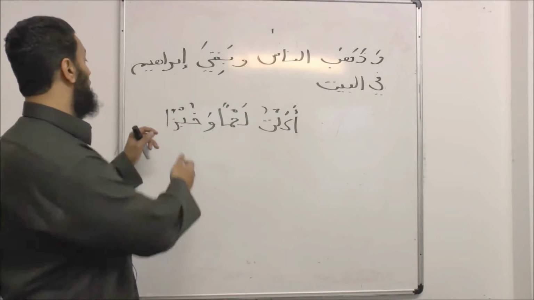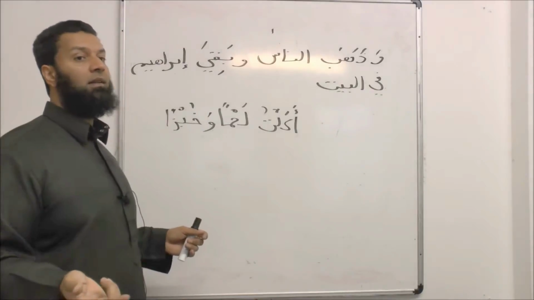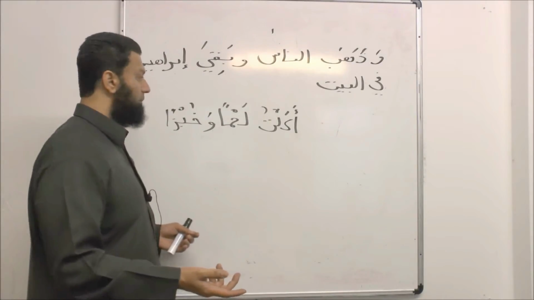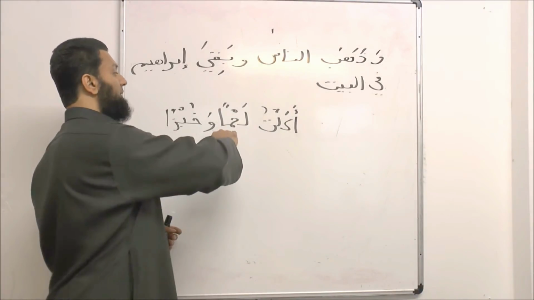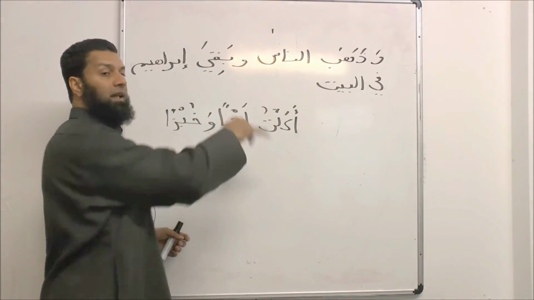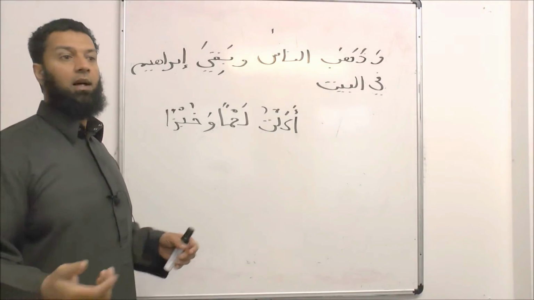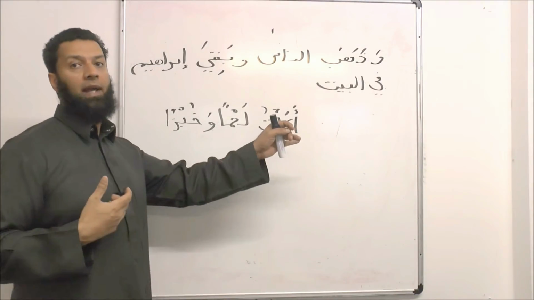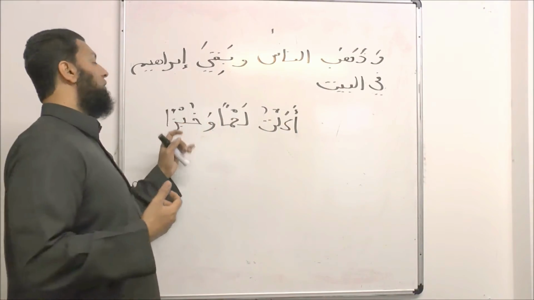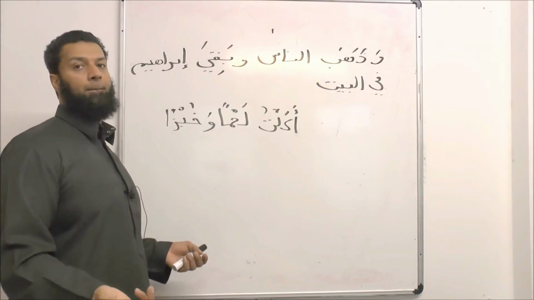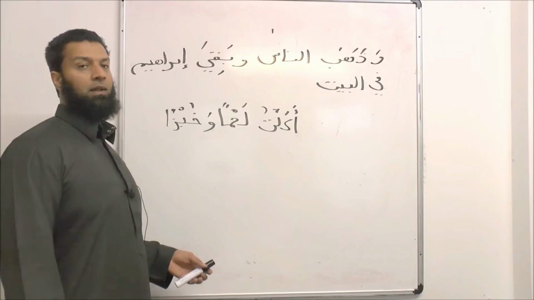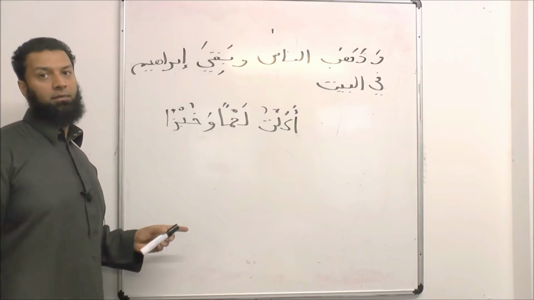Mansubun. Therefore, khubzan has to be mansubun. Right? And because lahman is the maf'ulun bihi, i.e. the thing that I ate, then khubzan also is the thing that I ate. Right? That is harful atf.